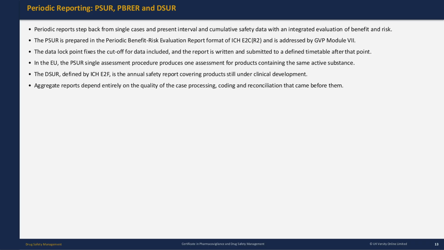The data lock point fixes the cutoff for data included, and the report is written and submitted to a defined timetable after that point. In the EU, the PSUR single assessment procedure produces one assessment for products containing the same active substance.